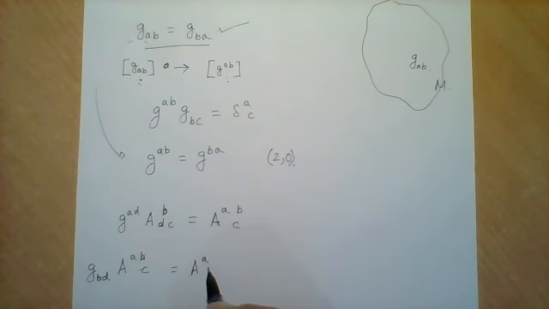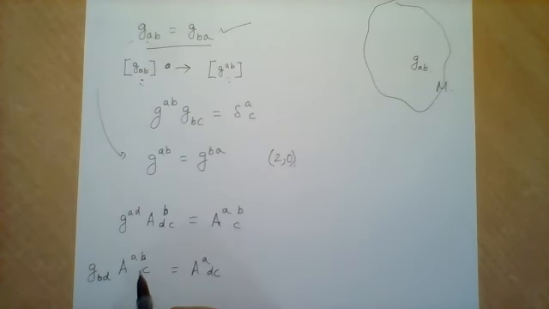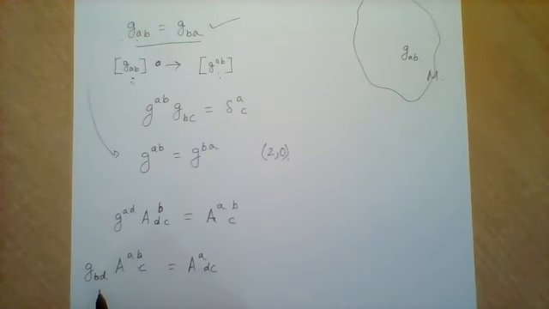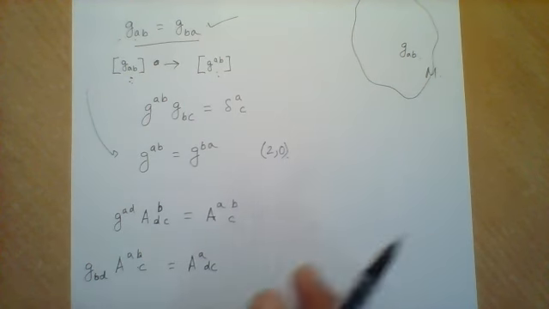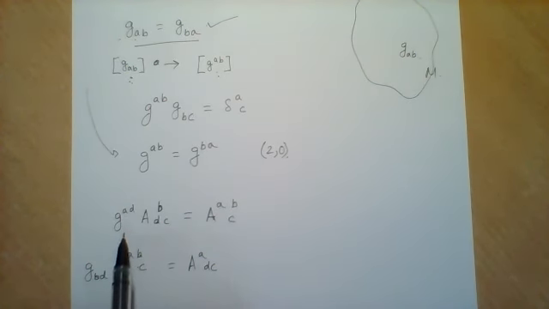I get A_DC. So an index is lowered by multiplying by the covariant metric tensor, and raised by the contravariant metric tensor.